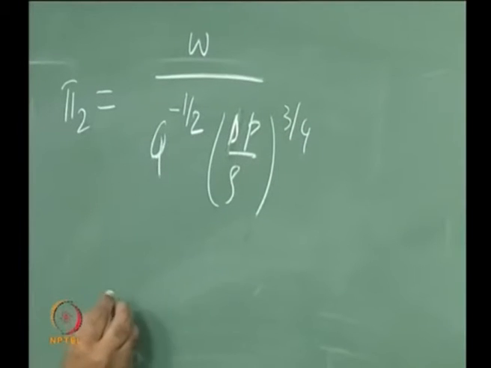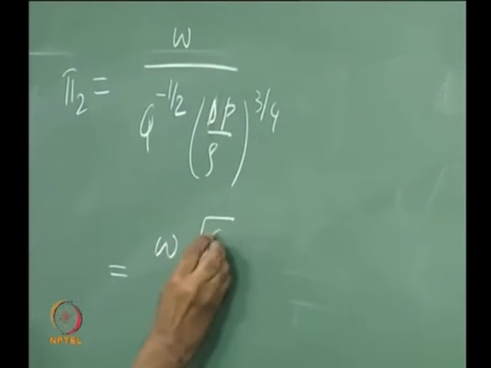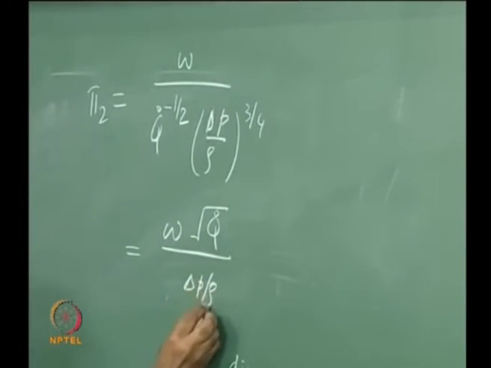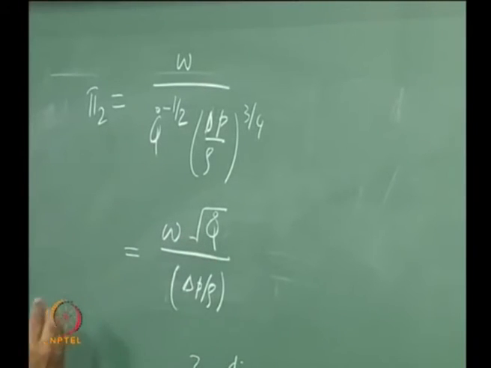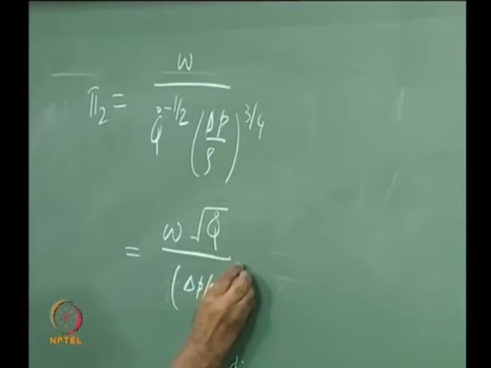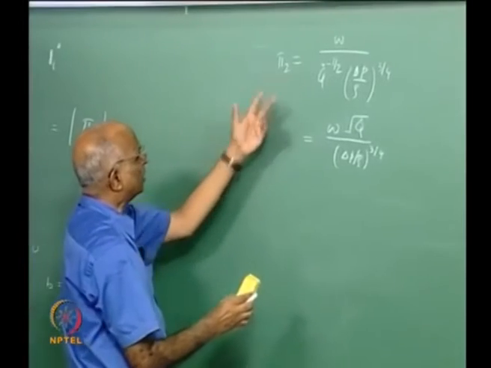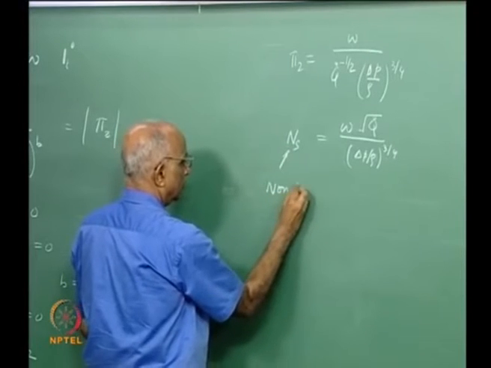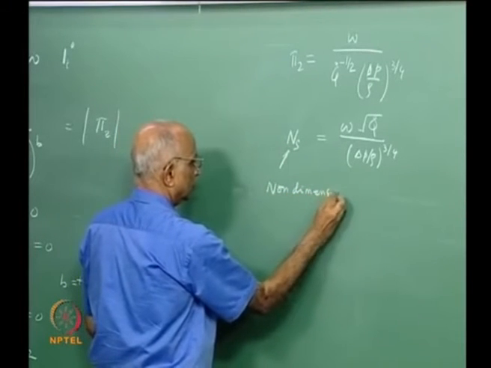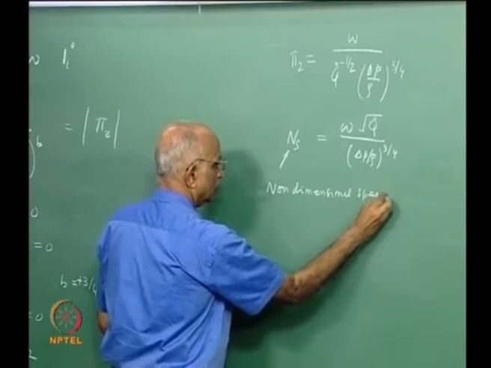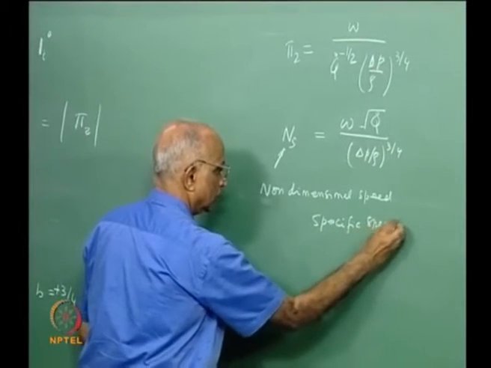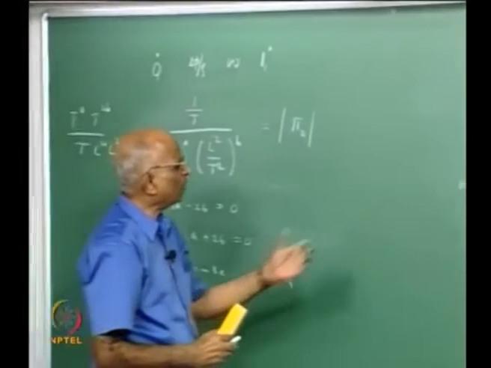Or rather, the value is equal to omega root q dot, divided by delta p by rho to the power 3 by 4, and this pi 2 is what we call a non-dimensional speed or a specific speed. Therefore, I have got the second parameter.